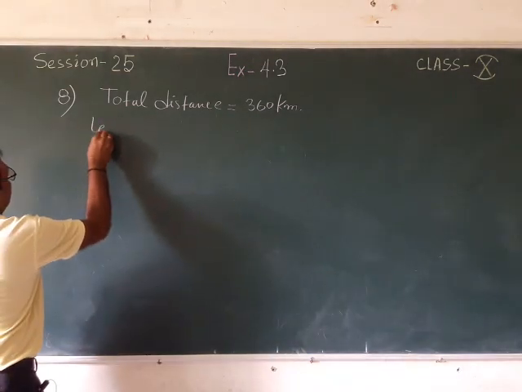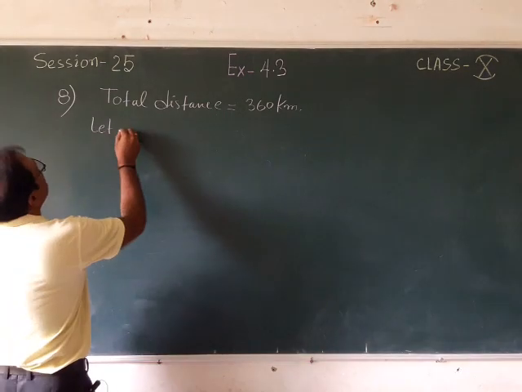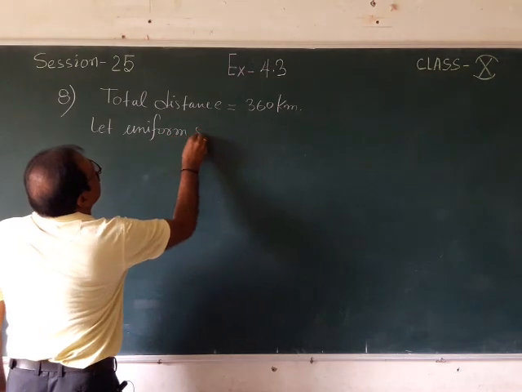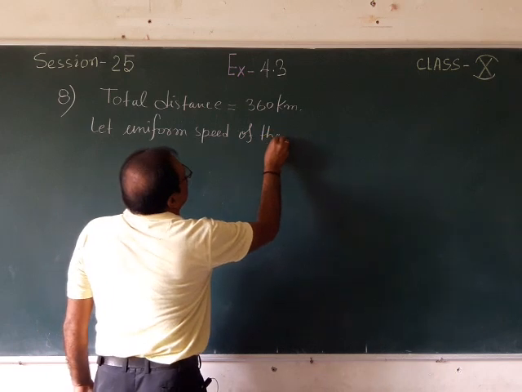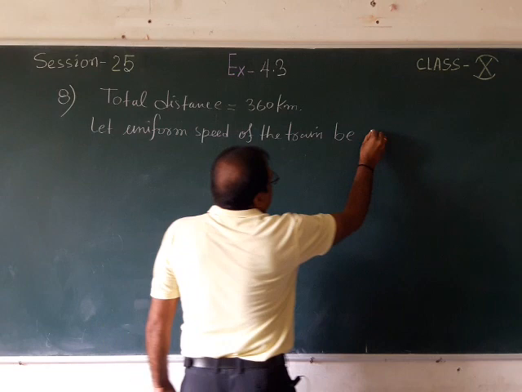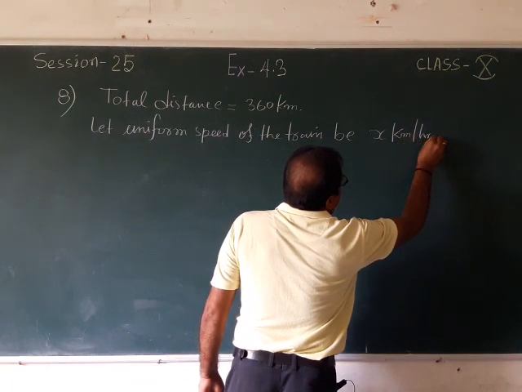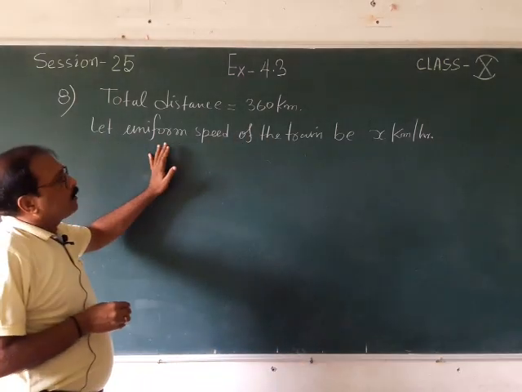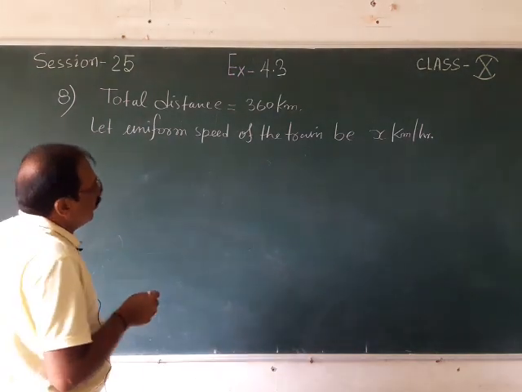Now let the usual speed, or uniform speed, of the train be x kilometer per hour. This is the usual speed or uniform speed of the train, which I have taken as x kilometer per hour.